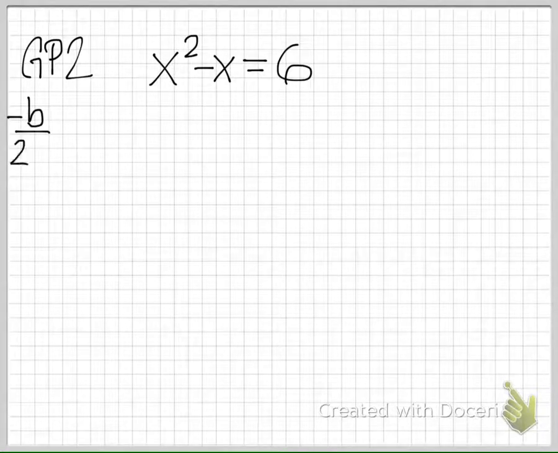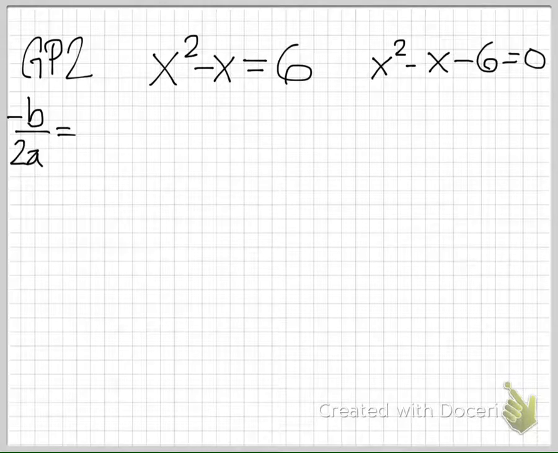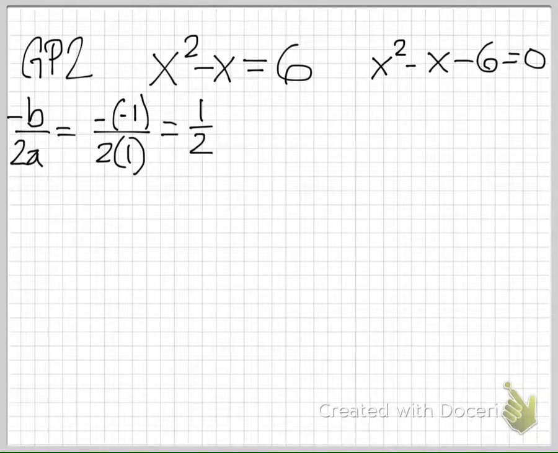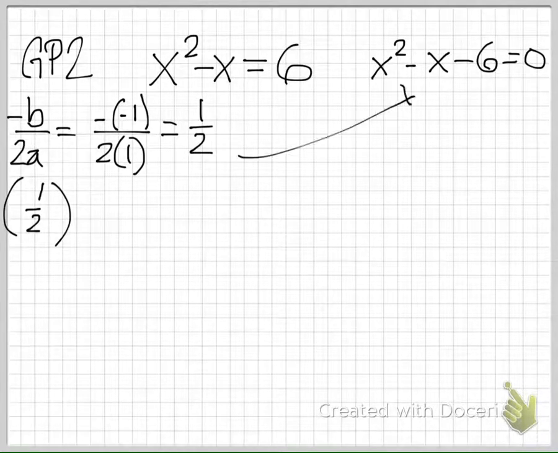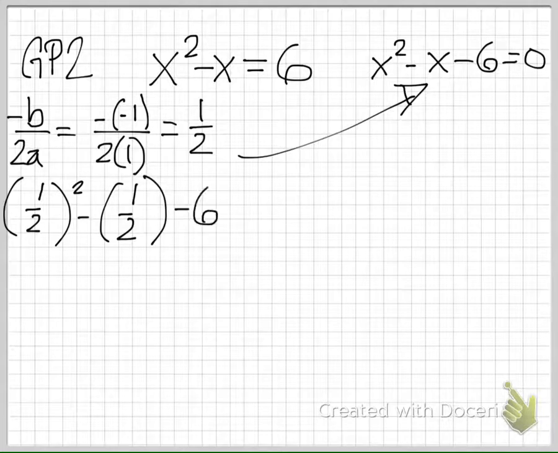For the solution, you have negative b over 2a. I need to get this into standard form. I now see that my b is negative 1 and my a is 1. So that's 1 over 2, or 1/2. Now I need to find the y value. Take 1/2 and plug it into my original equation in standard form. 1/2 squared minus 1/2 minus 6.